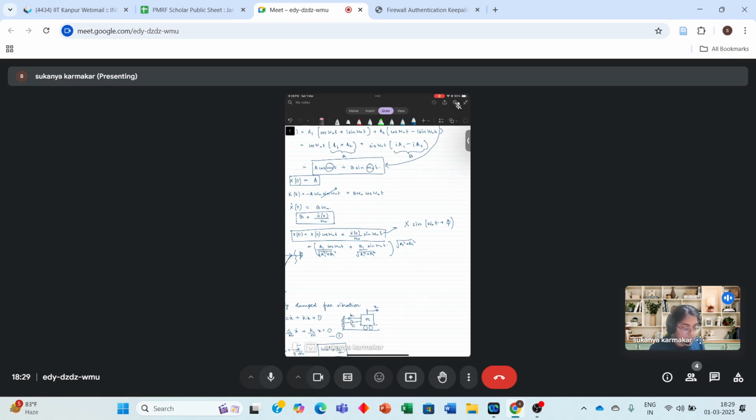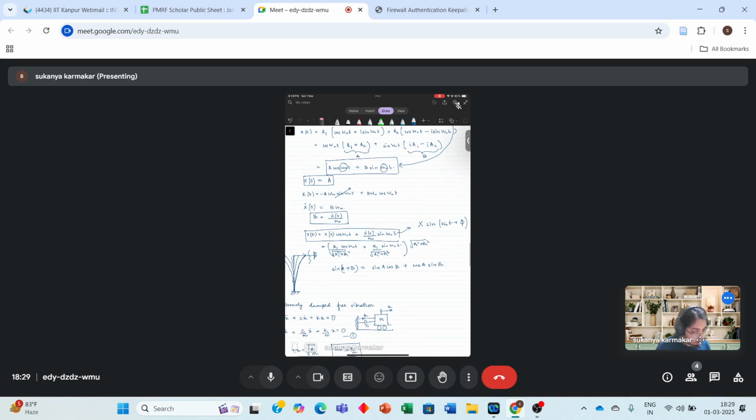So what is sine of a plus b? We know that sine of a plus b is sine a cos b plus cos a sine b. I hope this formula is correct. So if I relate these two equations, let's say A is omega n t and B is phi.